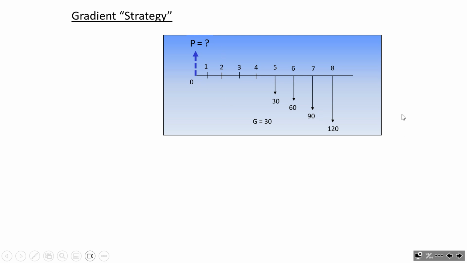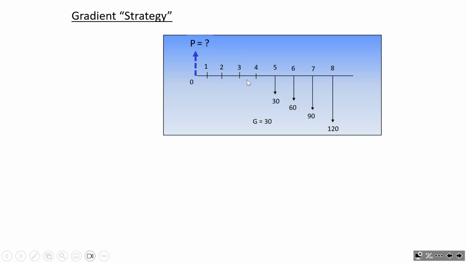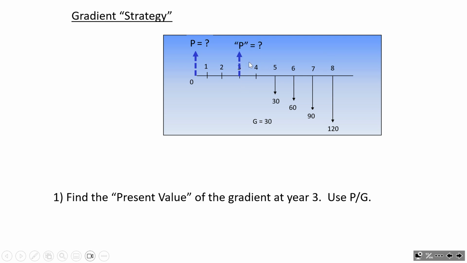If we have a gradient here, we would first find the value of that amount as a single lump sum in year 3. Year 3 is what we treat as a quasi-present temporarily, to consolidate the gradient into a single lump sum. So you'd find the value in year 3 using find P given G, either the equation or the factor table for whatever the interest rate is.